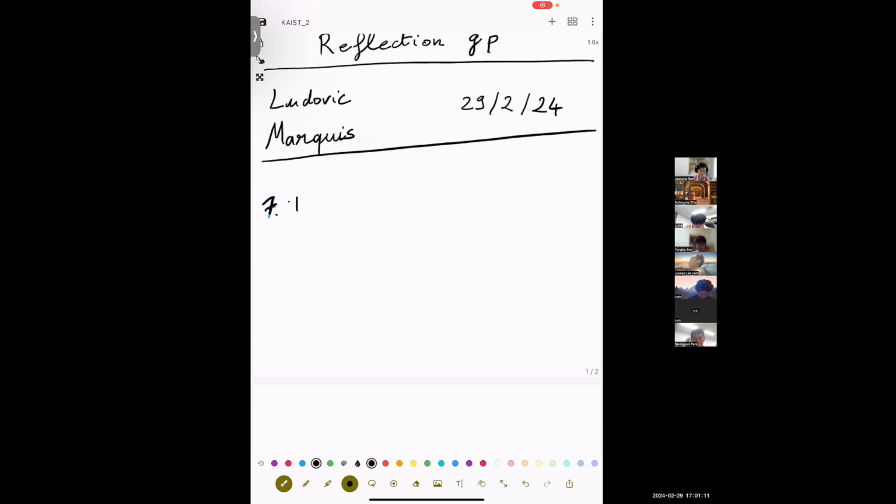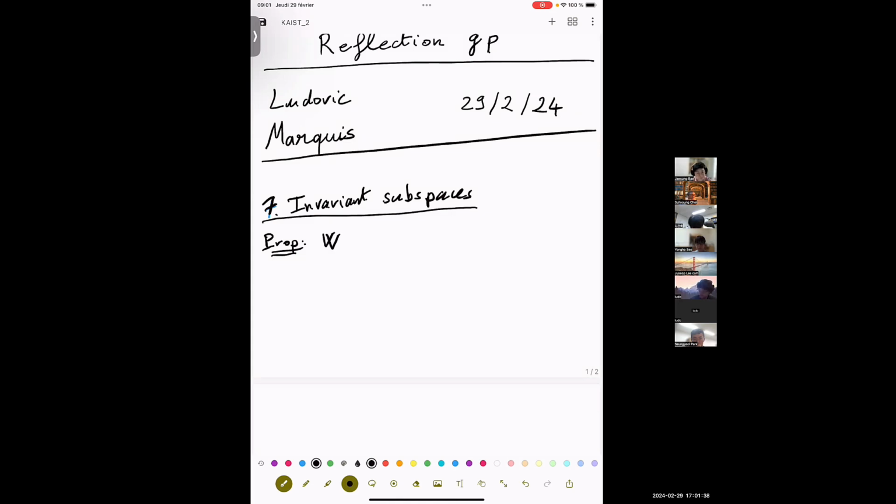So I want to speak about invariant subspaces so that we have all in mind. A very nice feature of a group generated by reflections is that it's very easy to give the list of all the invariant subspaces that you can have.